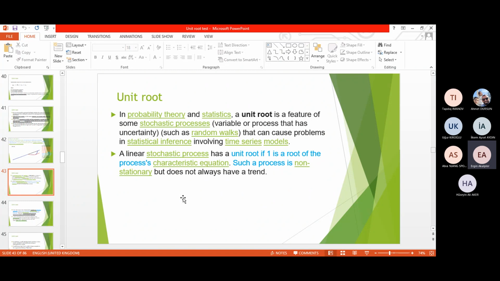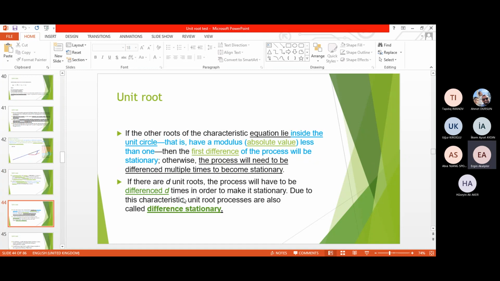Such a process is non-stationary but does not always have a trend. If the other roots of the characteristic equation lie inside the unit circle, that is, have a modulus (absolute value) less than 1, then the first difference of the process will be stationary.